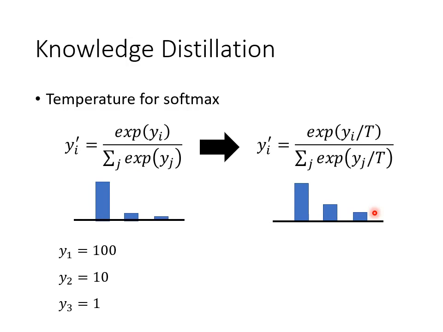Here is an example. We assume that your y1, y2, and y3 before Softmax are 100, 10 and 1, respectively. After Softmax, you will find that y1 is 1, and y2 and y3 both approximate 0.